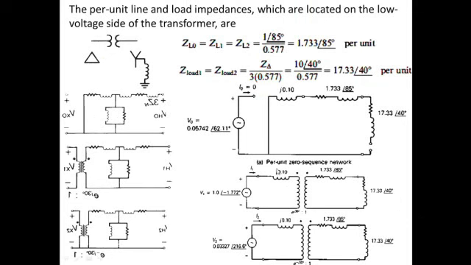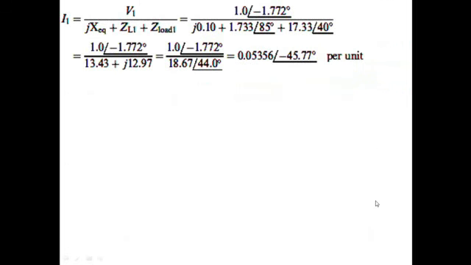We want to find the current in this loop, the IA. So all we need is to divide this voltage by the sum of the total impedances, this one plus this one plus this one. So here V1 divided by the equivalent reactance, the line reactance, the load reactance, and this value in per unit.